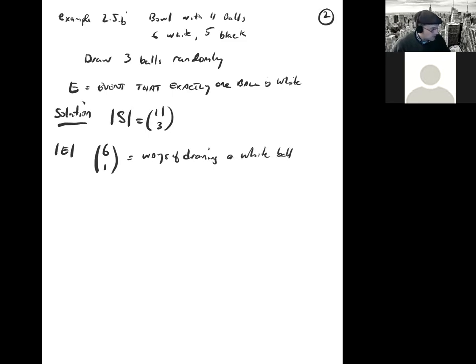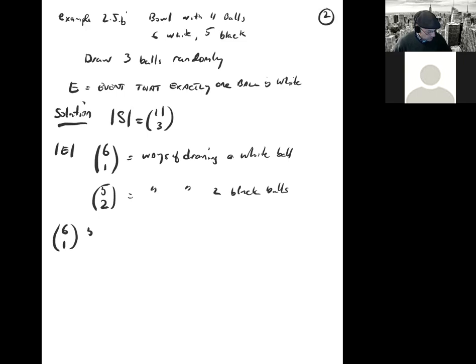And likewise, there are 5 choose 2 ways of drawing 2 black balls. Right, and if we do both of these operations, the number of total ways of drawing is the product.